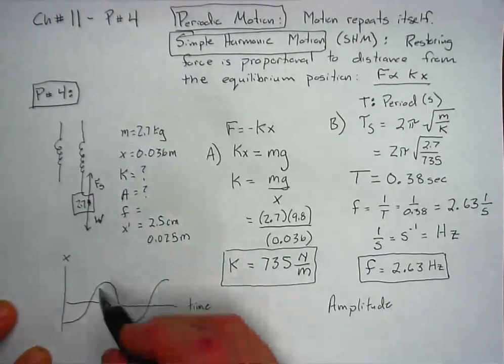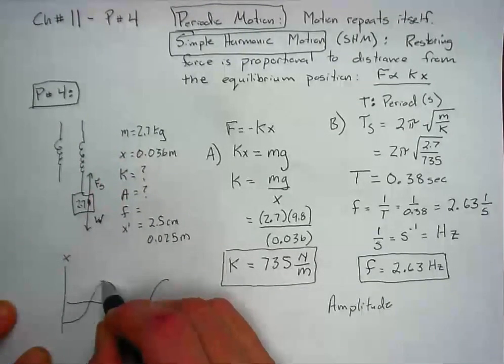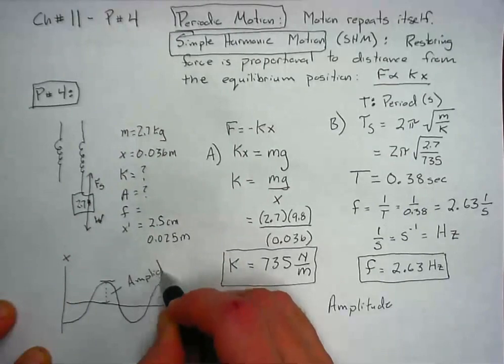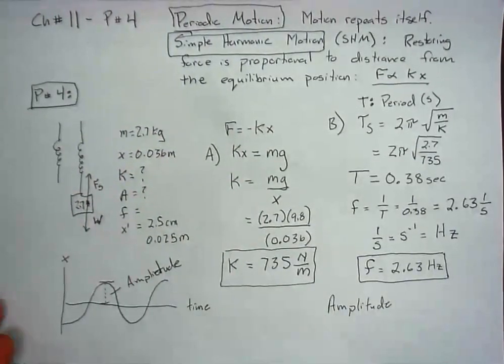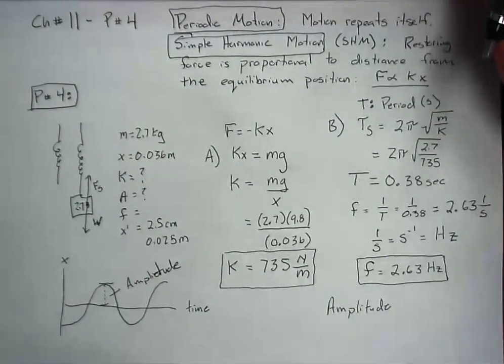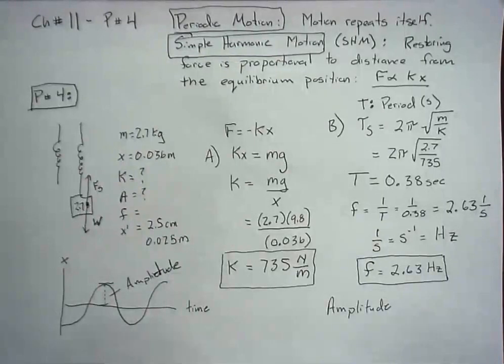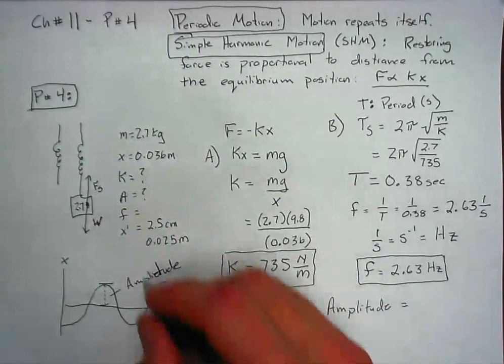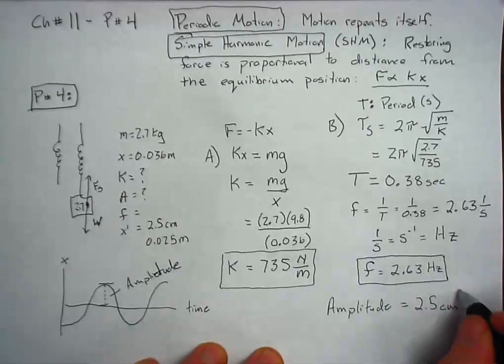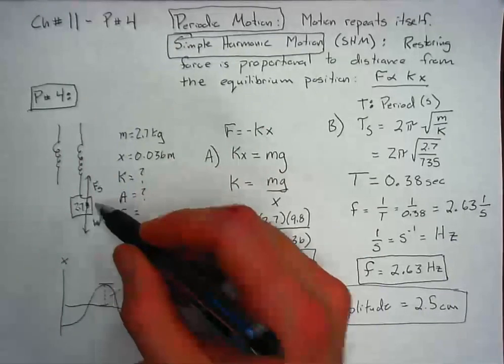What is the amplitude defined to be? Well, that's this guy right here, right? That would be amplitude. All right. So the maximum displacement from equilibrium is defined to be the amplitude. And in this case, the amplitude would just be our 2.5 centimeters, because that's the distance we displace the spring from the equilibrium position after we put the mass on.